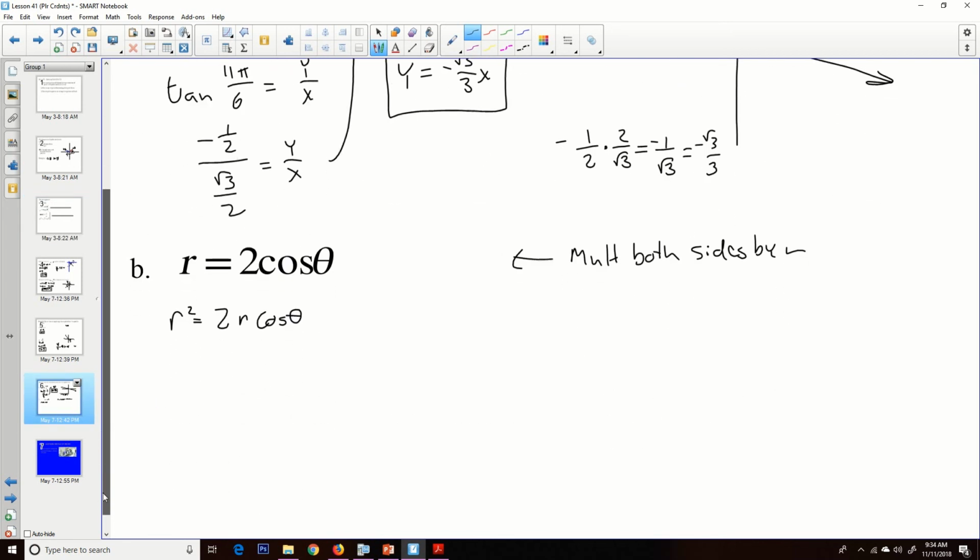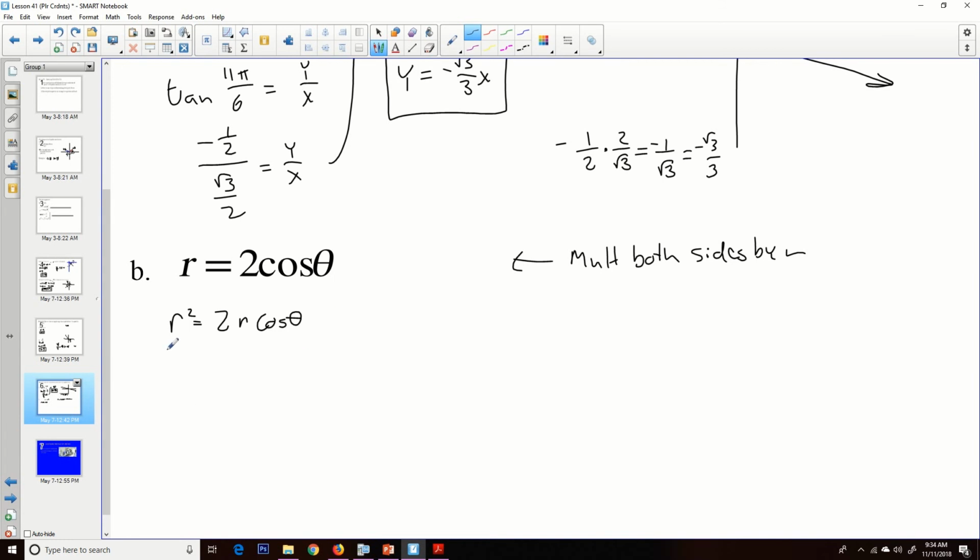So here's what I'm going to do. I'm going to bring this over and set it equal to 0. And so I'll have r squared minus 2r cosine theta equal to 0. And so recall, r squared equals x squared plus y squared, and x is equal to r cosine theta.